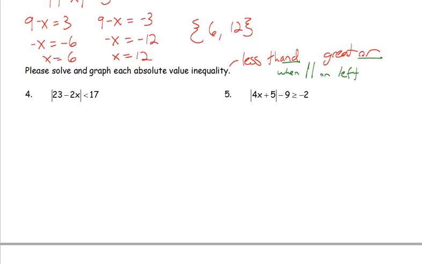Okay? So we look at this symbol here, and that tells you kind of what kind of absolute value graph you're going to have when you graph this. But in order to do these, it's very similar to what you did up there. But you also have to switch the inequality. So break apart and switch the symbol for the negative one.